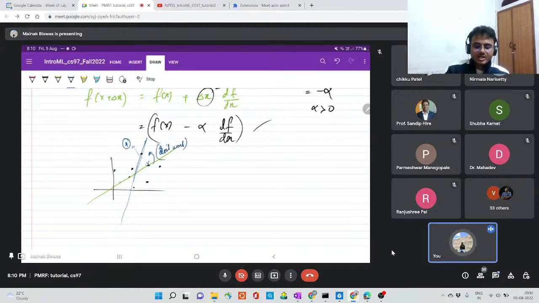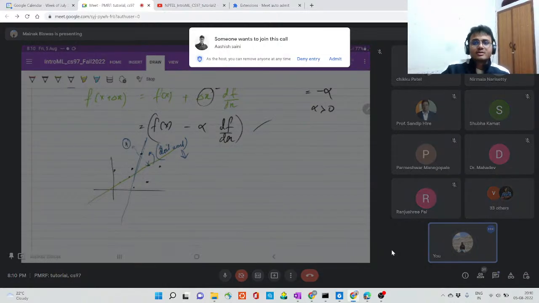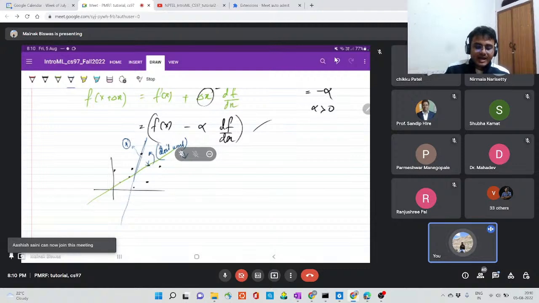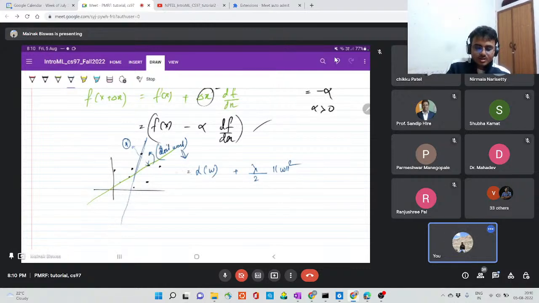Since we don't want this, what can we do? We can add a constraint or a bias. With the loss function of w, you can add a regularization term in this form. If you add this regularization term, you get L2 regularized gradient descent.